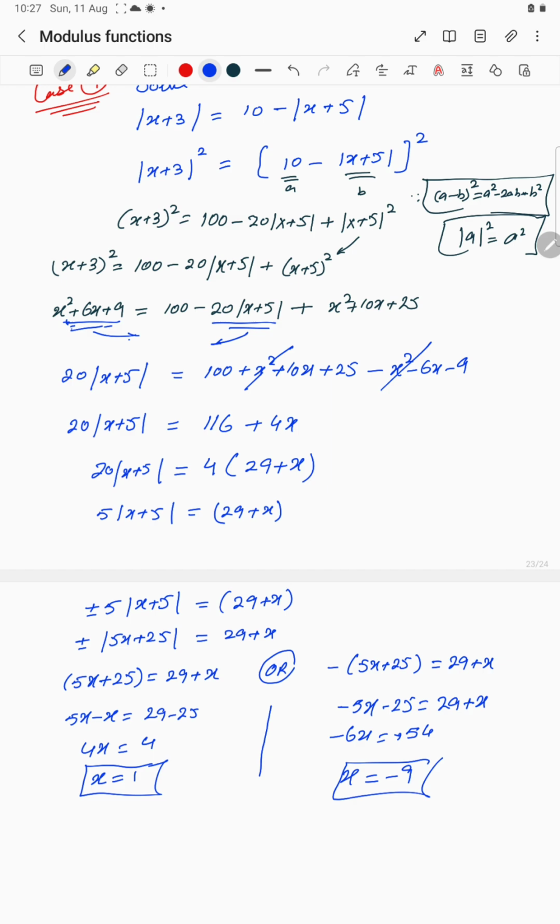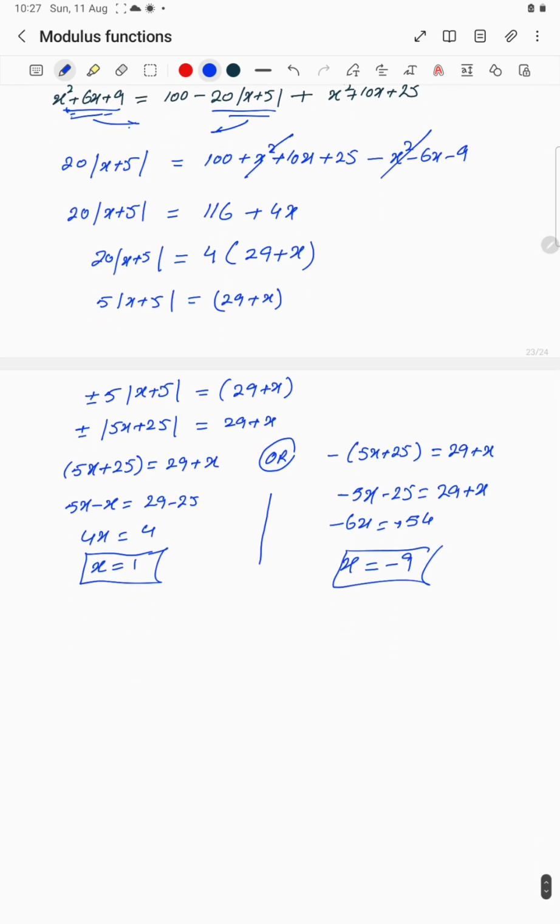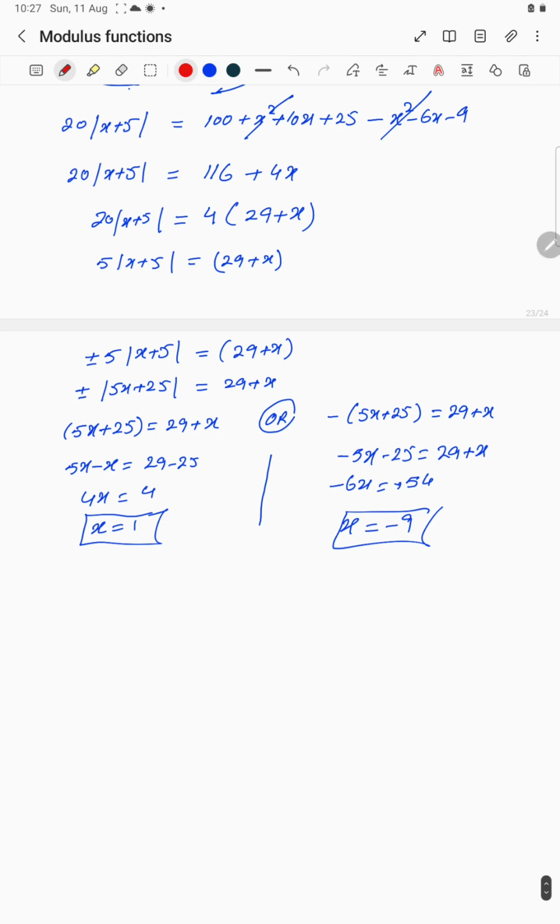So we have two results here, but before finalizing the answer we must make a check. For the original function, that was |x + 3| equal to 10 minus |x + 5|.